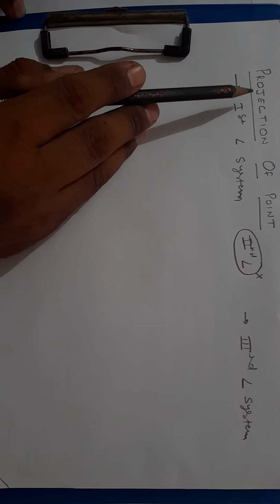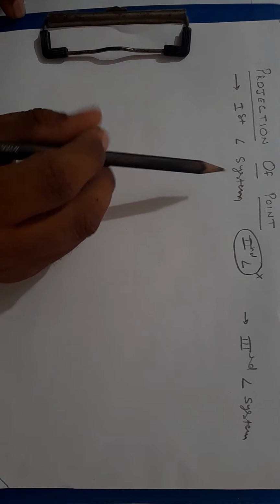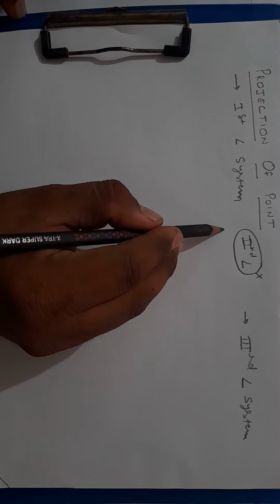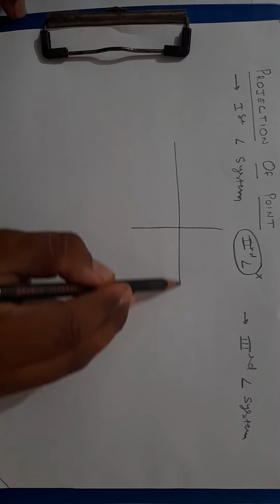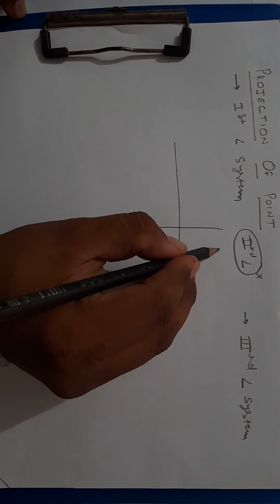Today we are starting with projection of a point. As you all know from your lower classes, we have 4 quadrants.